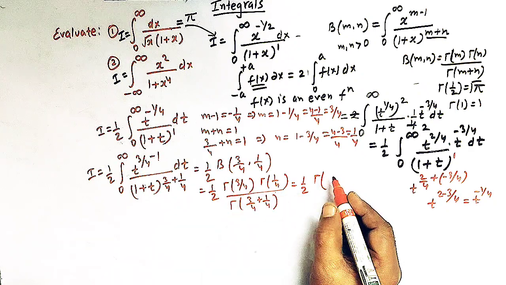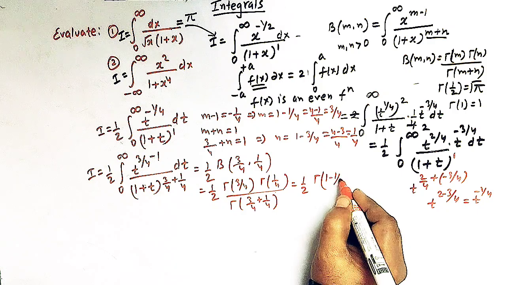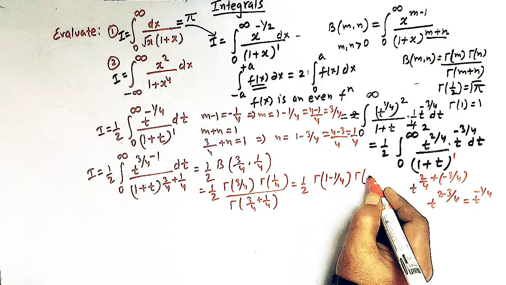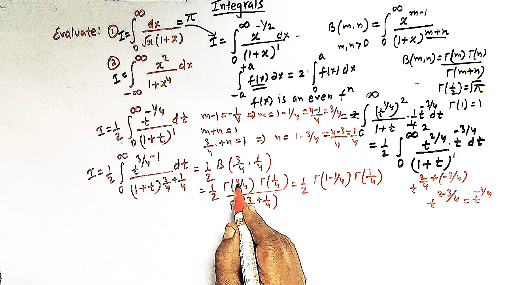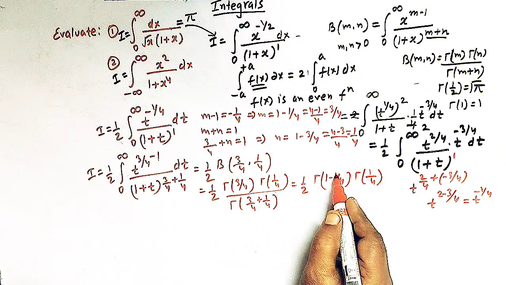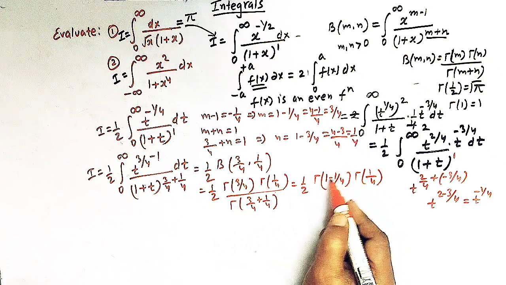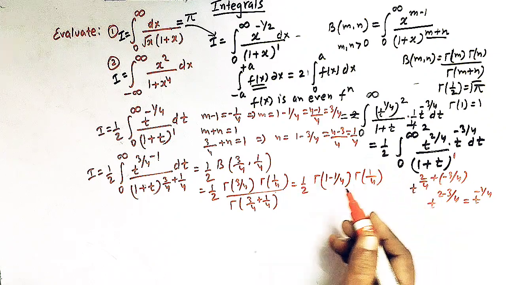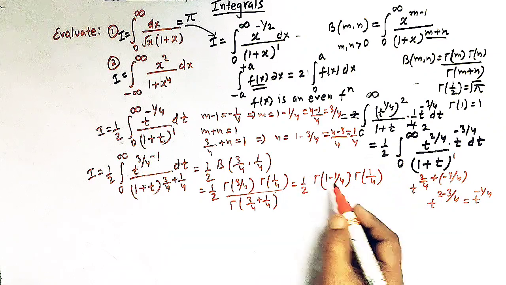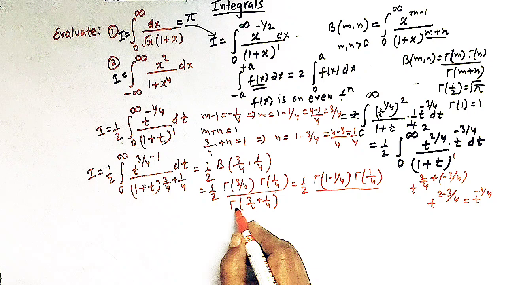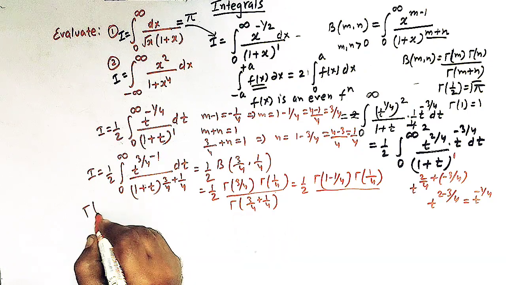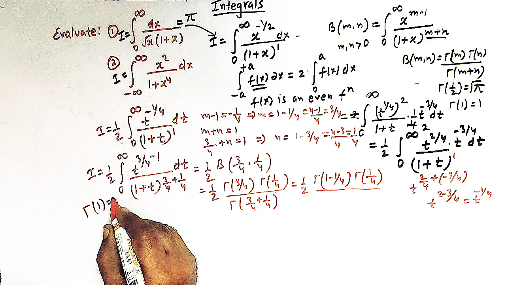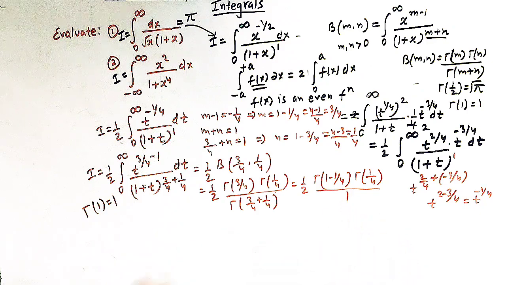Now 3 by 4 can be written as 1 minus 1 over 4, and here we have gamma 1 over 4. We have written 3 by 4 as 1 minus 1 over 4 because here we are going to use the famous Euler's reflection formula. So here we have 3 plus 1, 4 over 4 is 1, that is gamma 1, and gamma 1 is equal to 1. So here we have 1.